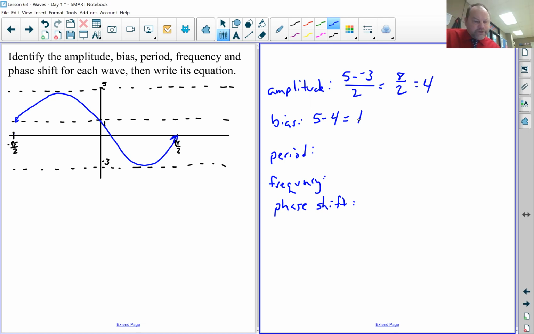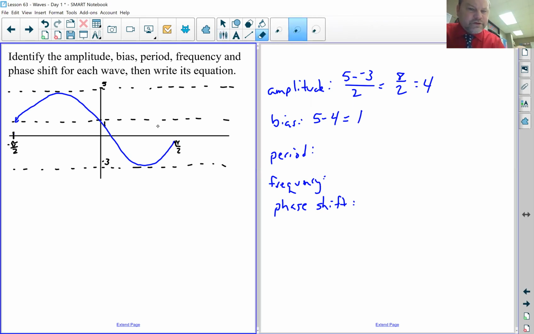The period is how long it takes the graph to trace out one time. So in this case, it traces out from negative pi over 2 to pi over 2.